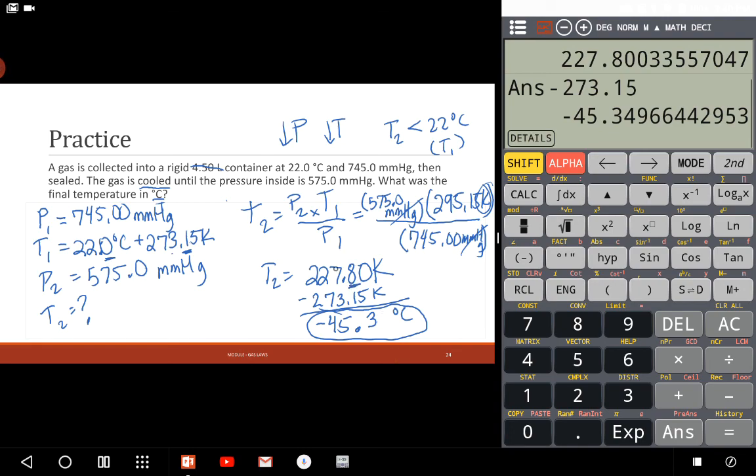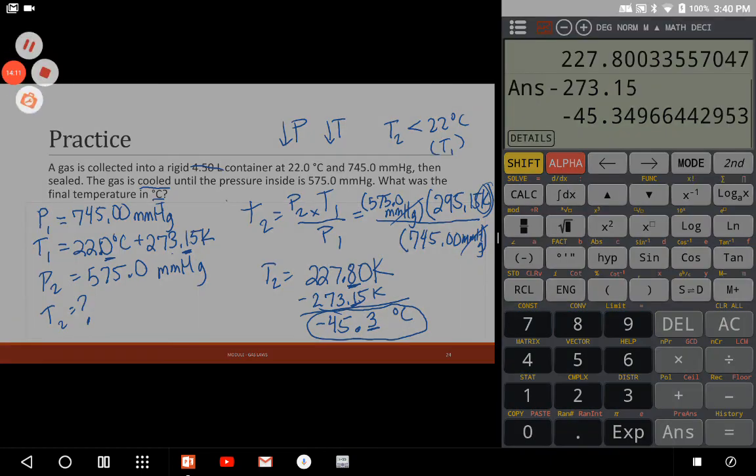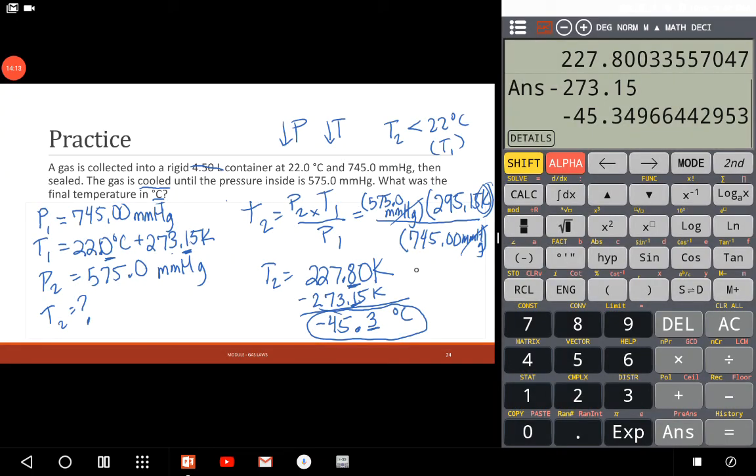This is the 4th digit that's significant. That means my answer is significant to the 10th place only. So negative 45.3. Also good to double check that your final calculated temperature is lower than your initial temperature, just like it should have been.